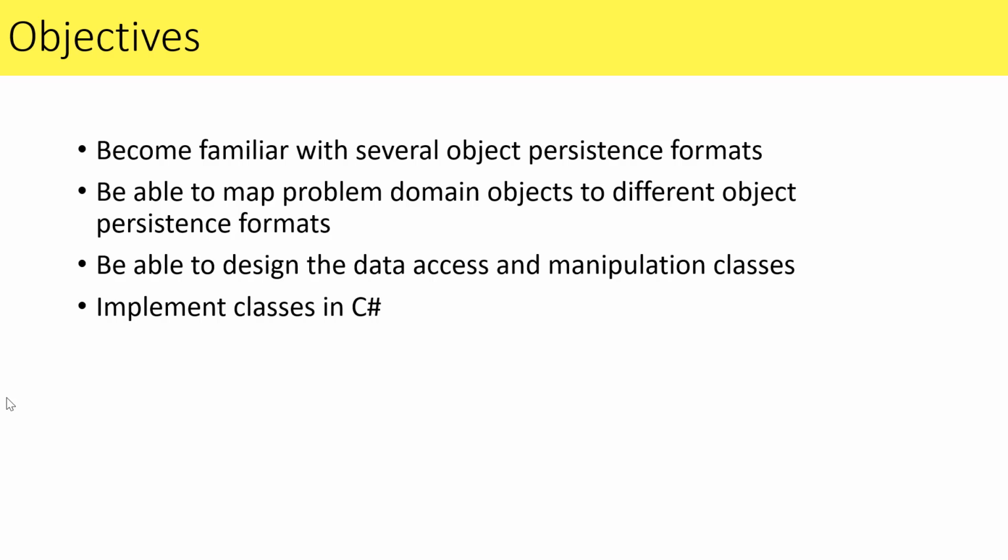What this means really is we have several classes for a problem domain or for an application, and the objects of those classes, which have data, need to be stored somewhere. So how do we map the data in an object to some tables, for example, in a database?